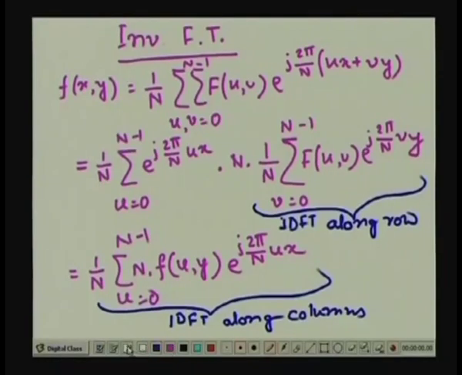Now, let us look at the second property of this Fourier transformation. The second property that we will talk about is the translation property.